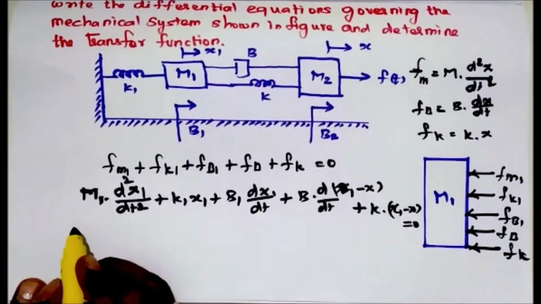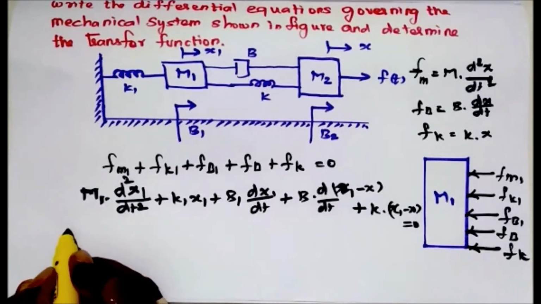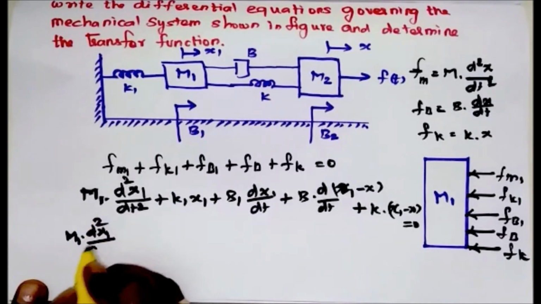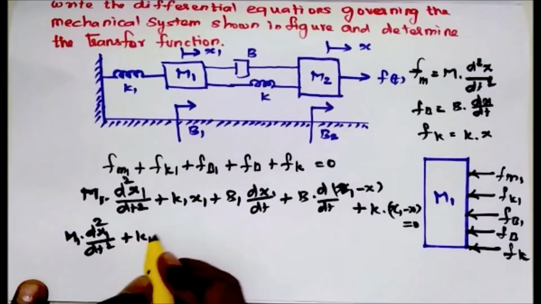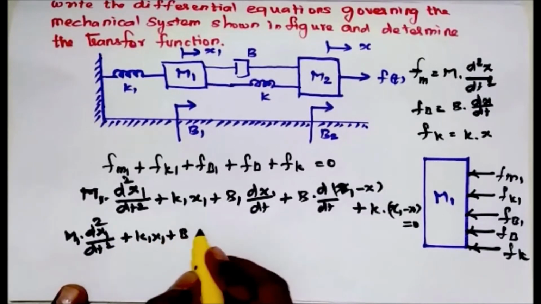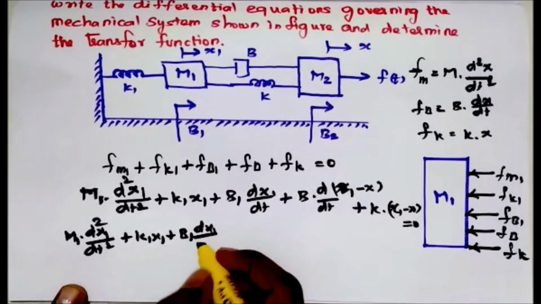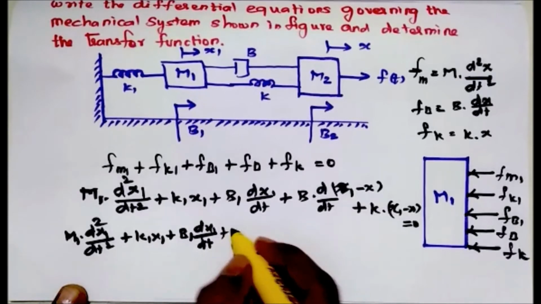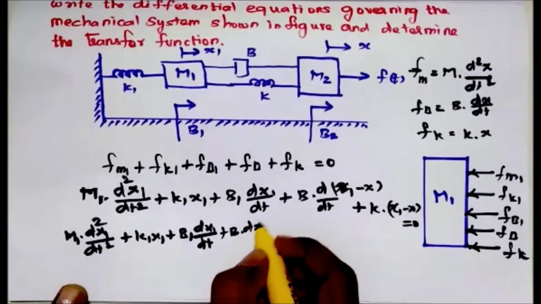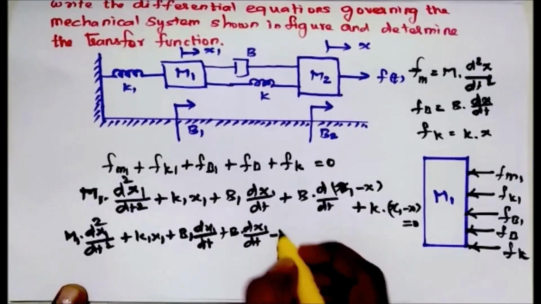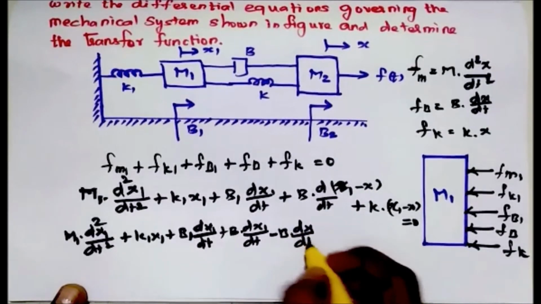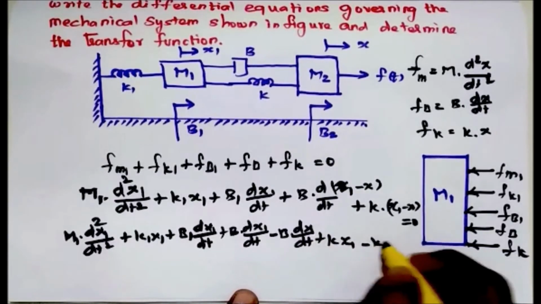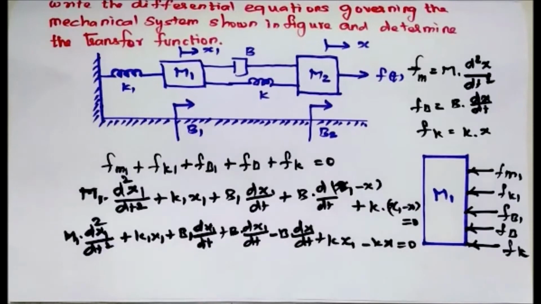So now we can rearrange this: m1 into d square x1 divided by dt square plus k1 x1 plus b1 dx1 divided by dt plus b into dx1 by dt minus b into dx divided by dt plus k into x1 minus k into x equals 0.